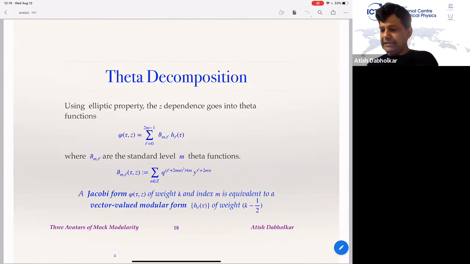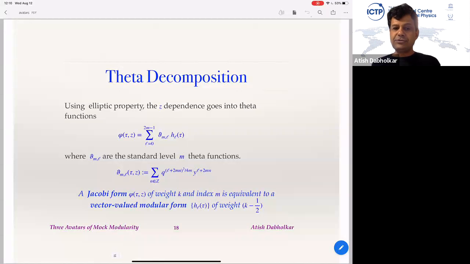Therefore, you can define the standard level m theta functions, which have this translation property, and you can extract that out. Then what you're left with are just functions of tau alone. Therefore, a Jacobi form can be expressed as a sum over l going from 0 to 2m minus 1 of theta_ml of tau and z times h_l of tau.